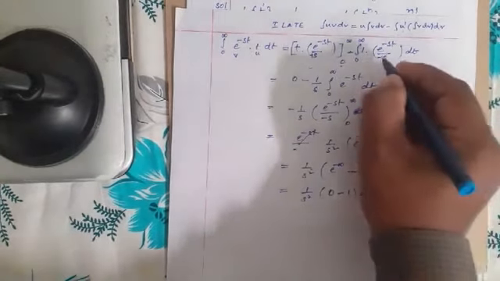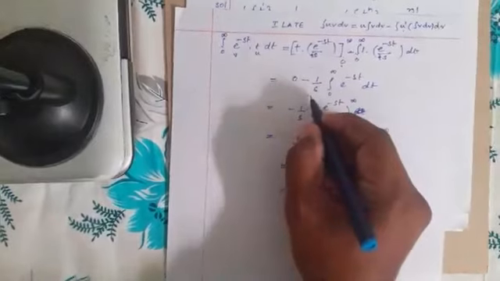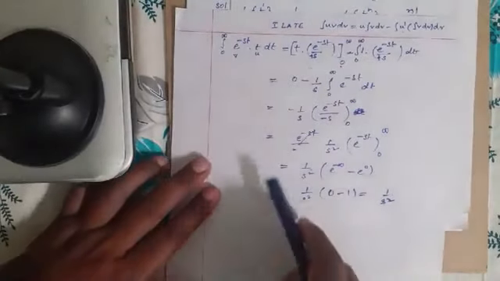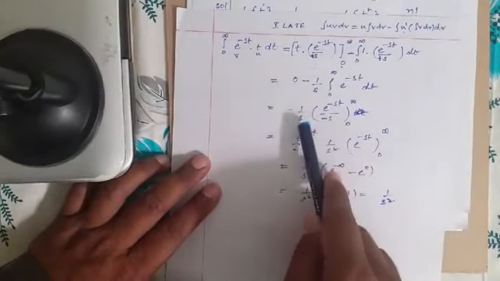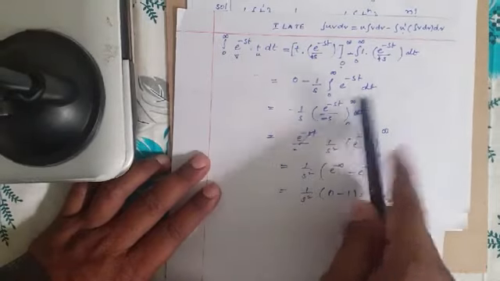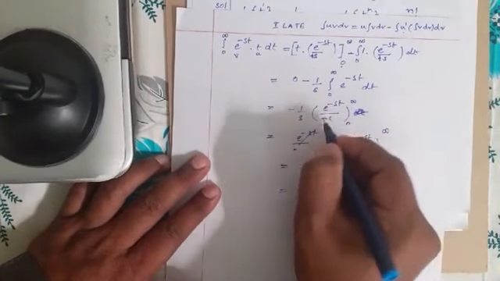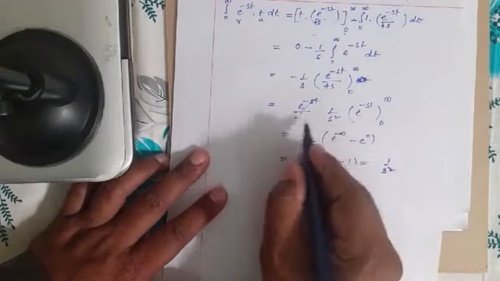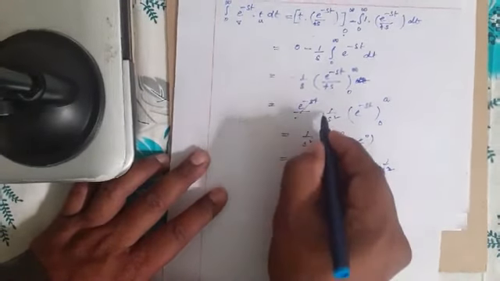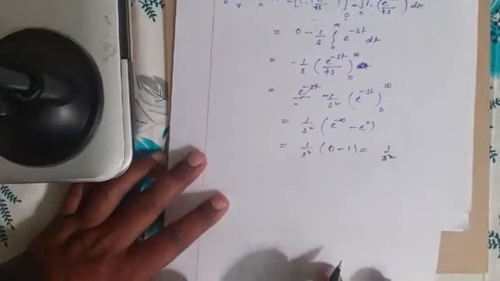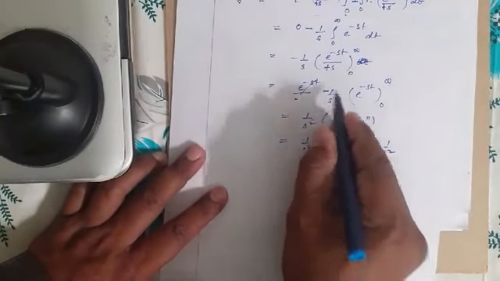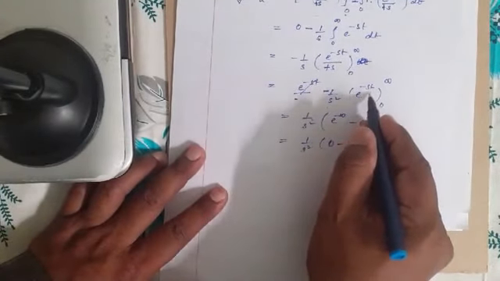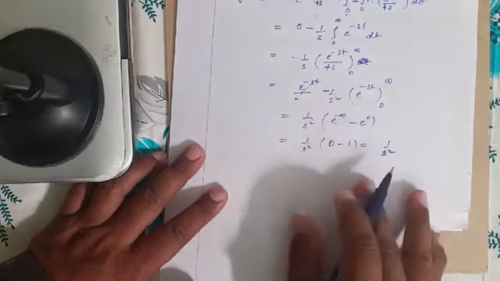Now here you will get minus 1 by s. When you integrate this one again, you will get plus. Now this s goes outside, so this is minus 1 by s, into minus 1 by s square, e power minus st, where the limits are 0 to infinity.